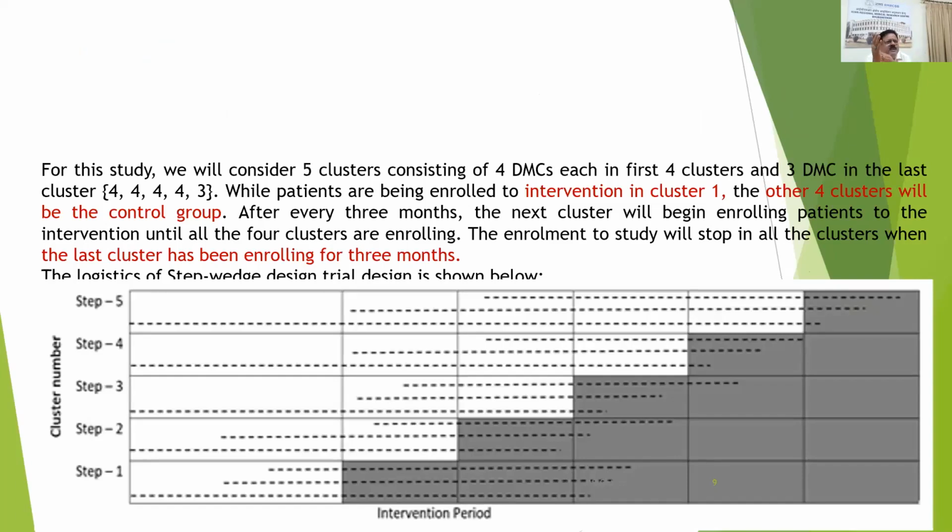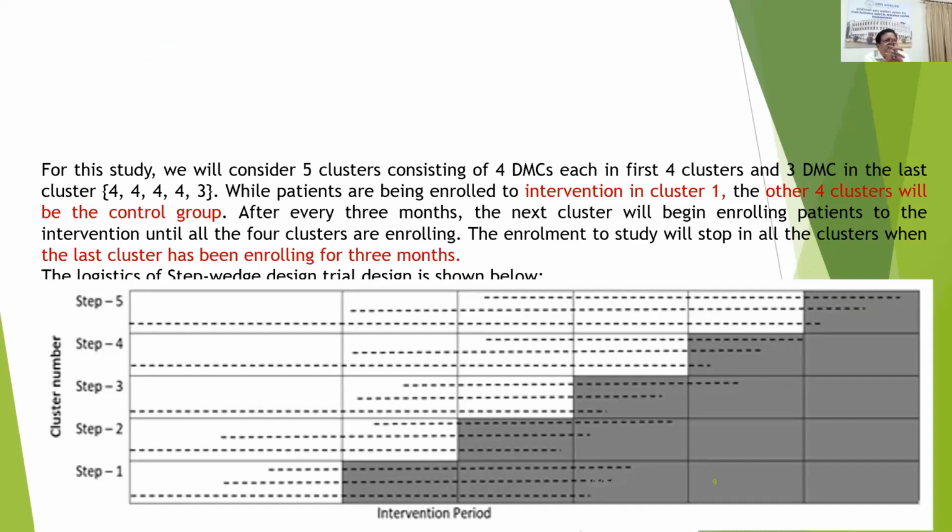Here I am explaining how I have taken 5 clusters, and in each cluster 4 DMCs were placed. In the first cluster 3 DMCs, and in the last cluster 3 DMCs are there because we have limited participants being enrolled. Intervention in cluster 1, while the other 4 clusters will be enrolling the control group.